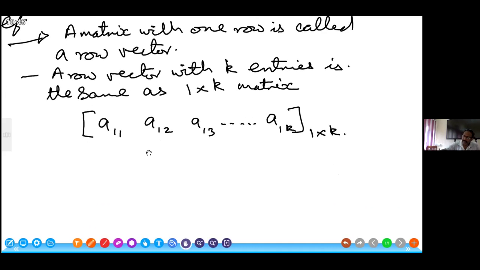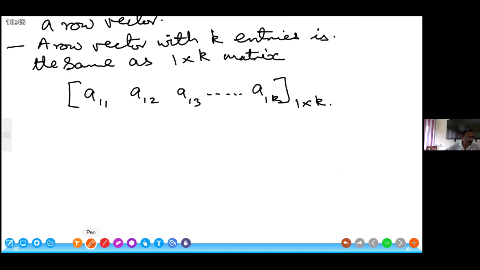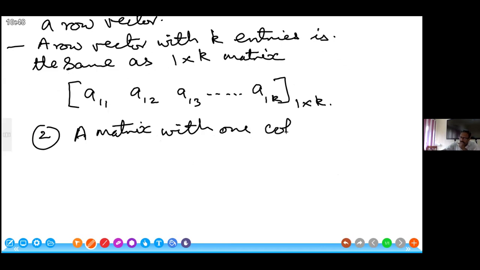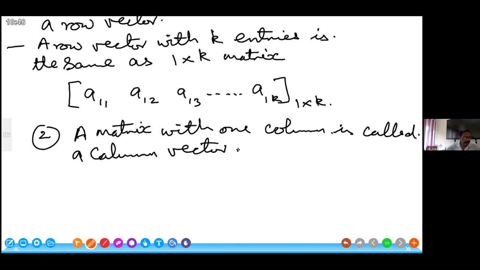Similarly, we can have a column vector: a matrix with one column is called a column vector. That is again a similar pattern.